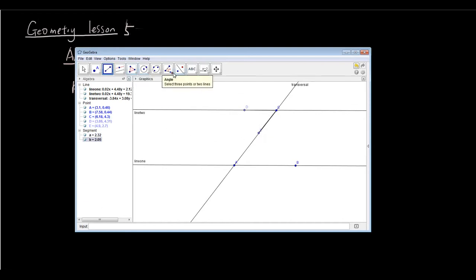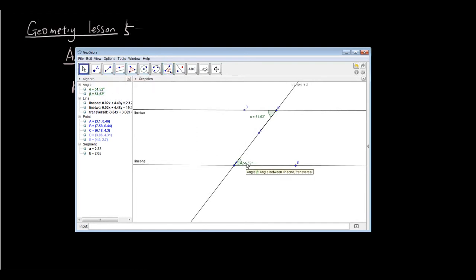The reason I do that is because only then can I create an angle going from line 2 to the transversal. Without doing that you won't be able to see this angle. Then of course I'm going to create an angle from line 1 and the transversal, and these two angles are what we call alternate angles.